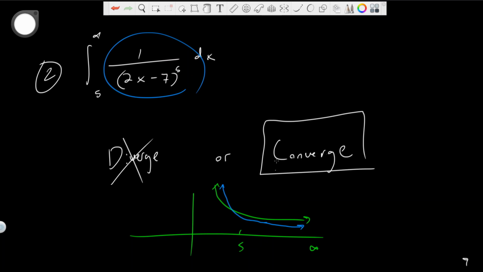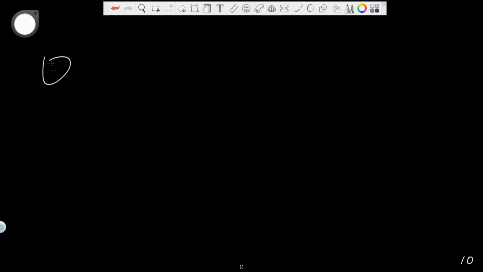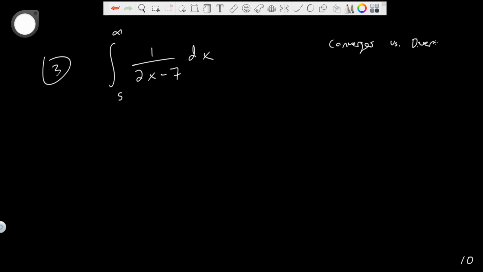All right, this was our second example. Let me give you a third one. How about the integral from 5 to infinity of 1 over 2x minus 7 dx? Can we determine whether it converges or diverges just by looking at it? With what we've done, we cannot.